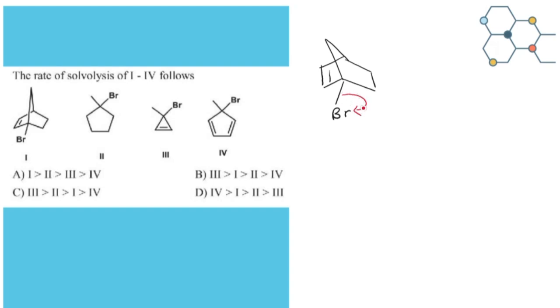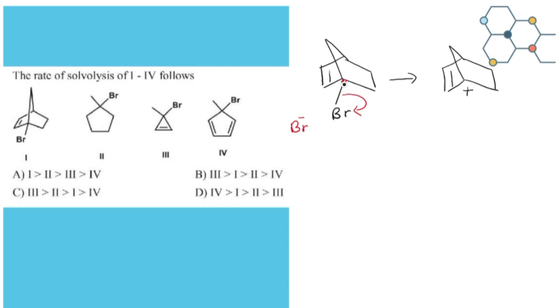That means it takes away the bonding electrons and it will leave the molecule as a bromide ion. Then what happens to this carbon? It will become electron deficient. If it is electron deficient, the charge would be plus. That means it is forming a carbocation. Therefore, carbocation is the reaction intermediate in the reaction.